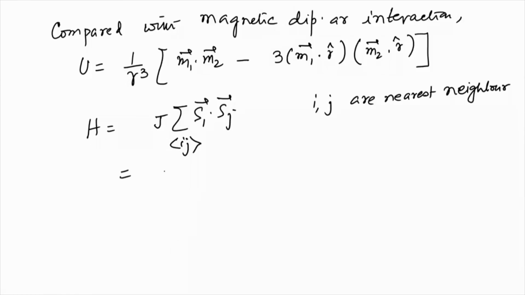And we can also write the J to be inside, and it does not have to be constant, and it can depend from one bond to another. And so, these are possible Hamiltonians, and they have all been explored in the context of spin systems.